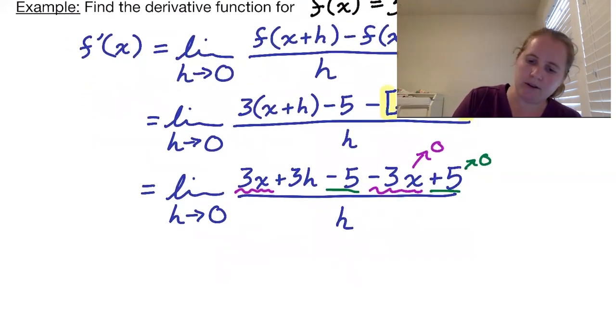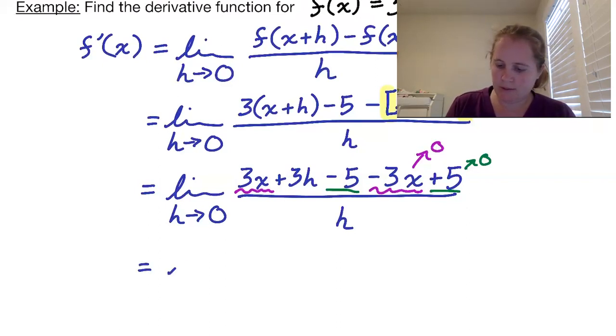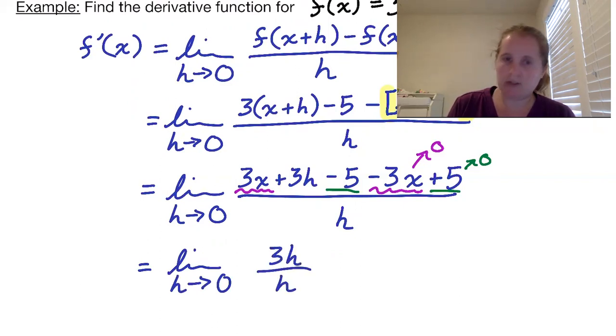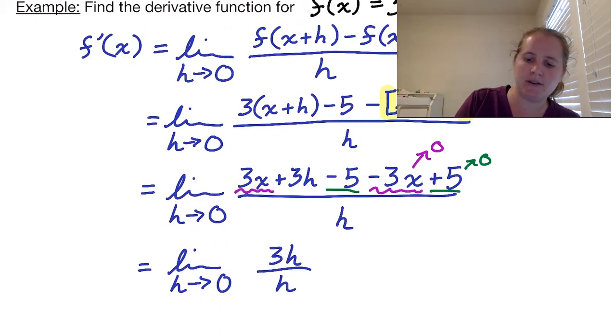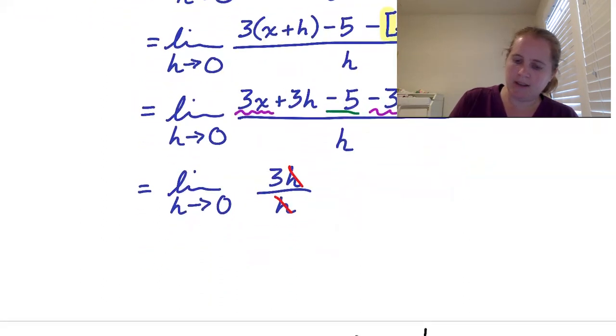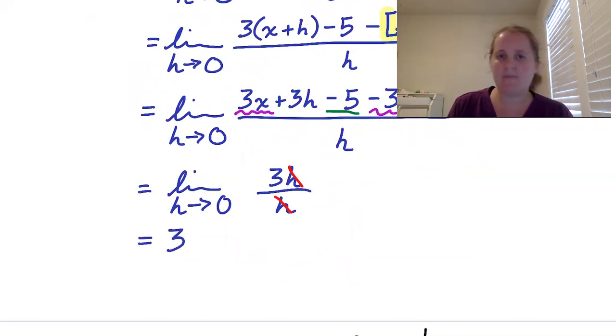And so all we are left with is the limit as h goes to 0 of 3h over h. This is a 0 over 0 scenario. It's already factored. We can go ahead and cancel out our h's, and we get this limit is equal to 3.